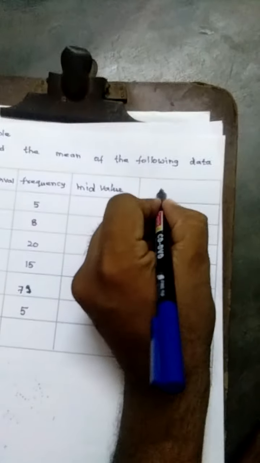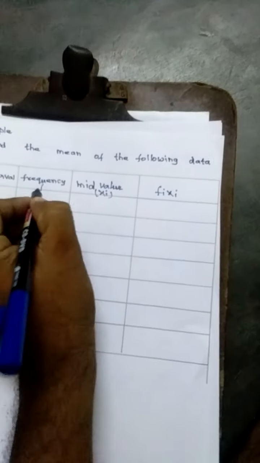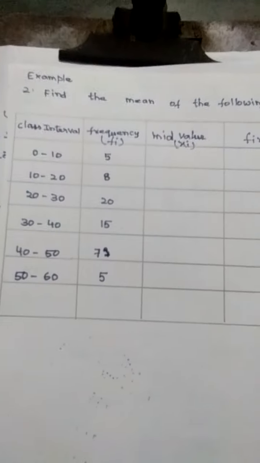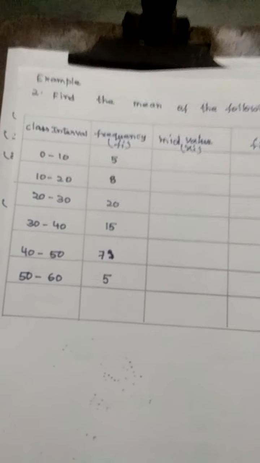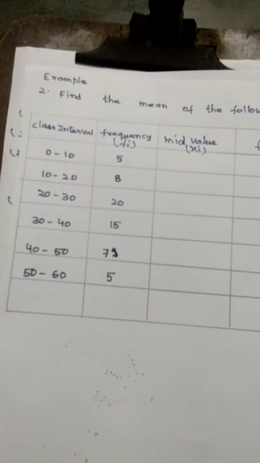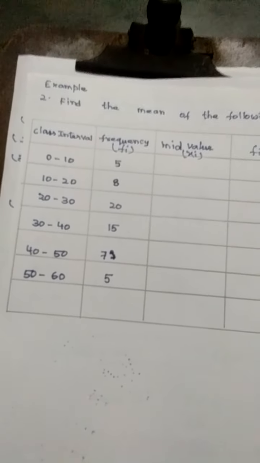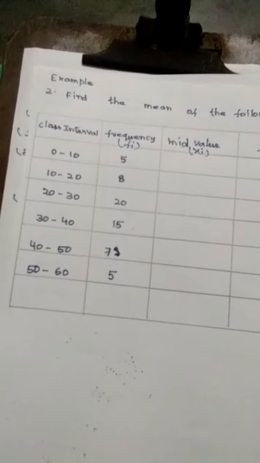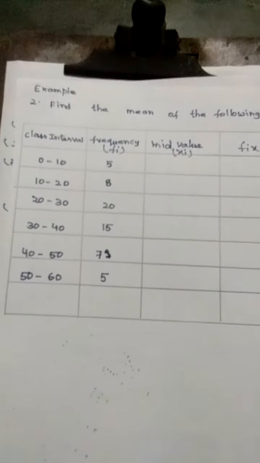Here the values given are 0 to 10, 10 to 20, 20 to 30, 30 to 40, 40 to 50, 50 to 60. Suppose the frequencies are 5, 8, 20, 15, 7 and 5.